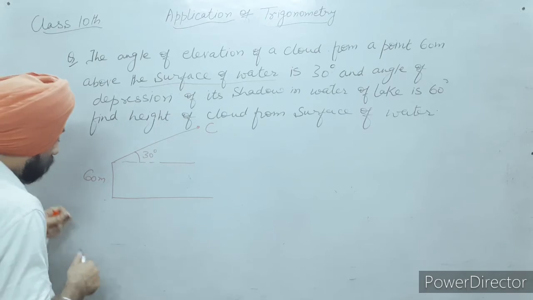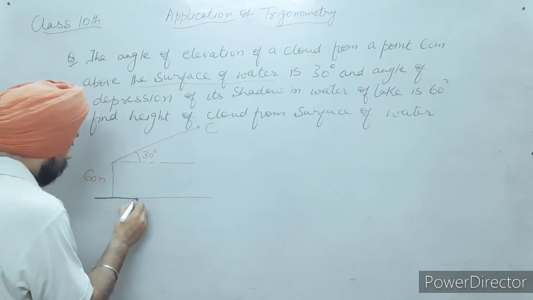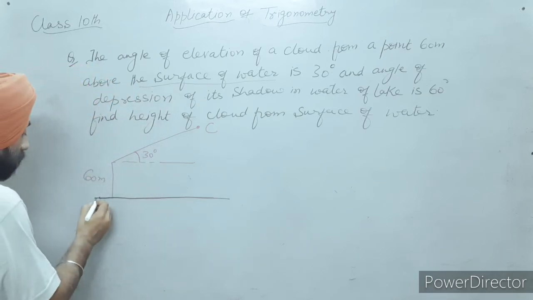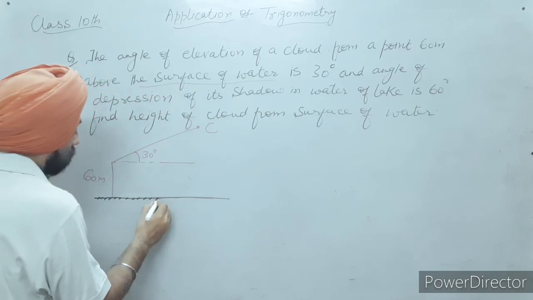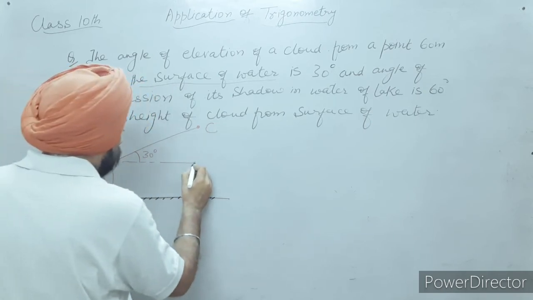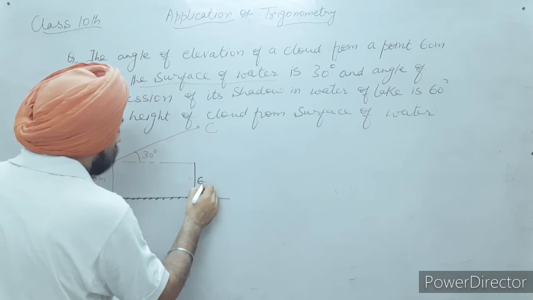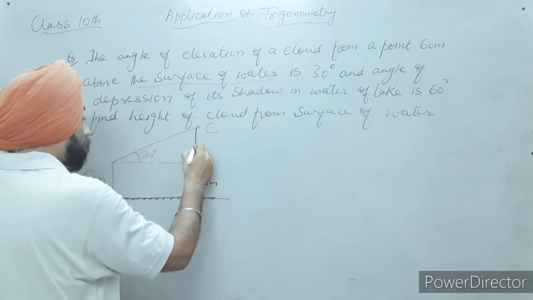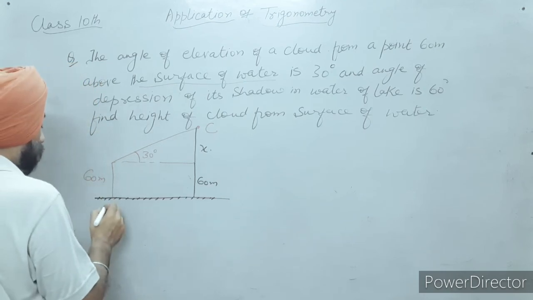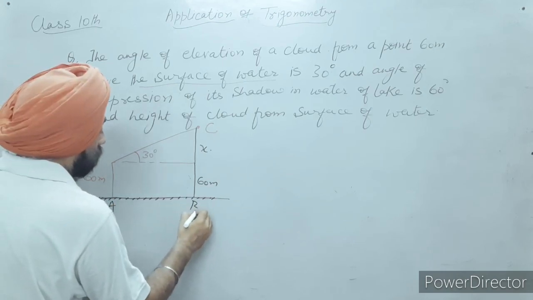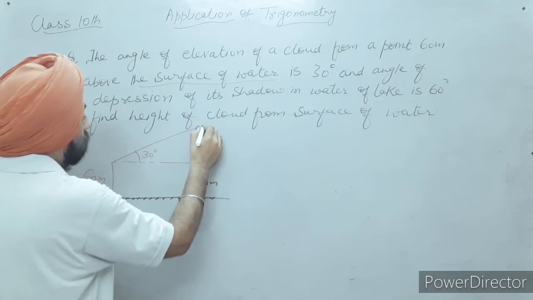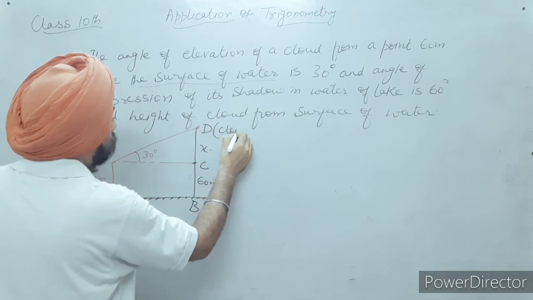Now, this is the surface of the lake. Let me draw with this. This is the surface of the lake, right? If this is 60 meters, this will also be 60 meters. Let this distance be x. This is, say, A, B, C and D. This is the cloud.